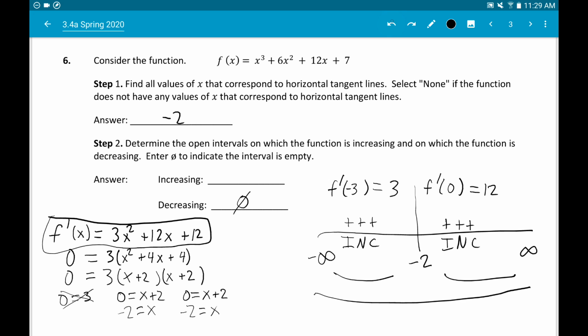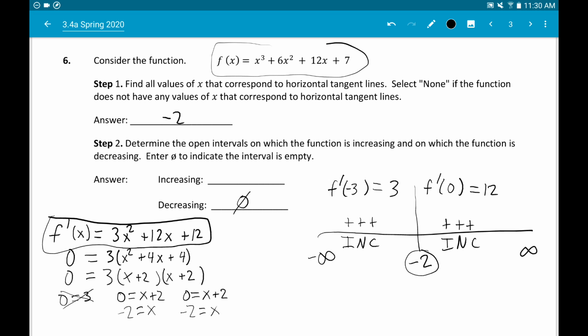Well, what it boils down to is this. If negative 2 is in the domain of the function, in other words, can you plug negative 2 into the original function up here and get a number out? If you can do that, it's in the domain. Then we include that value in the interval. So I don't even have to calculate it.